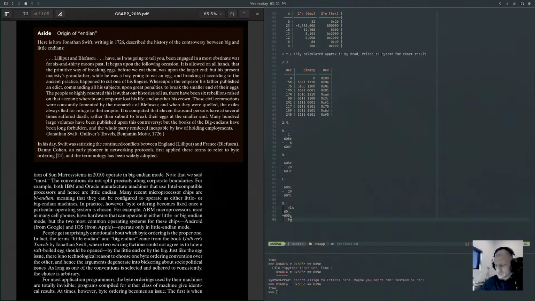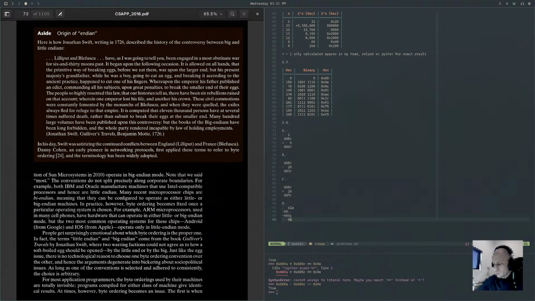The people so highly resented this law that our histories tell us there had been 6 rebellions raised on that account, wherein one emperor lost his life and another his crown. These civil commotions were constantly fomented by the monarchs of Blefuscu, and when they were quelled, the exiles always fled for refuge to that empire.